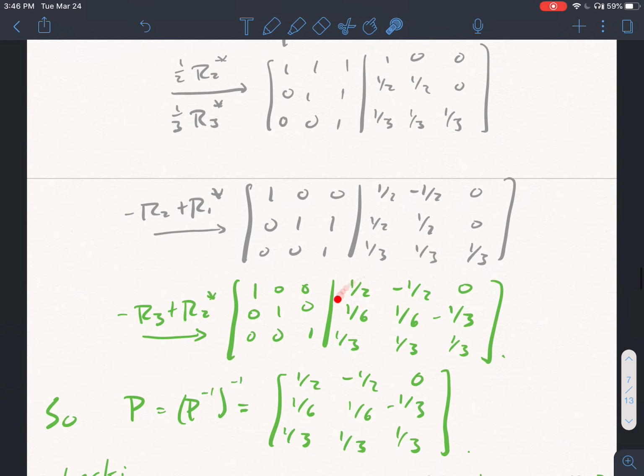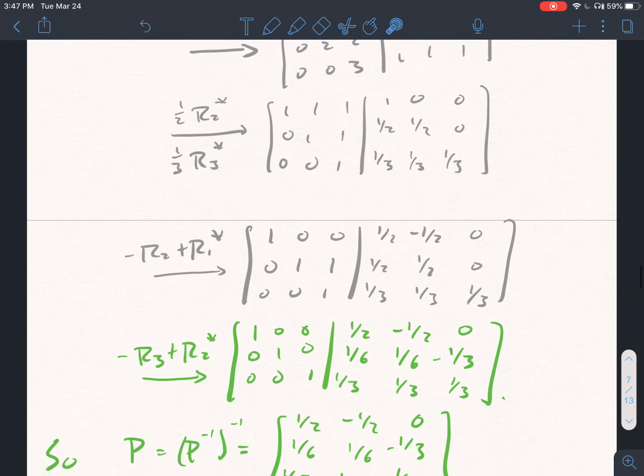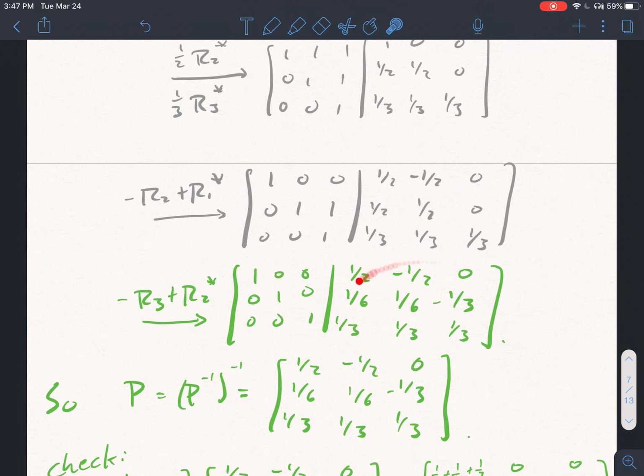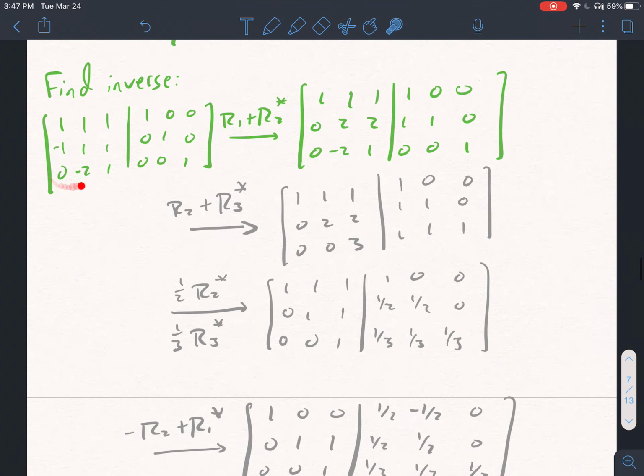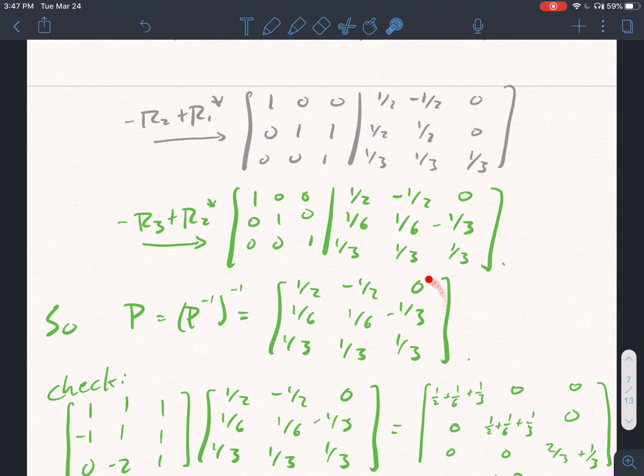And this is what I ended up getting on the right side after all of those same row reductions of the 3x3 identity matrix. So this matrix right here is the inverse of the matrix that I started with over here. In other words, this matrix is equal to the inverse of P inverse, which is therefore just equal to P itself.